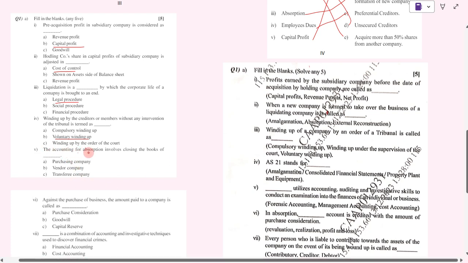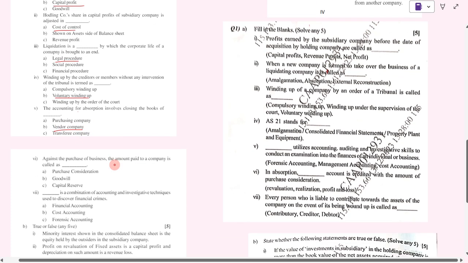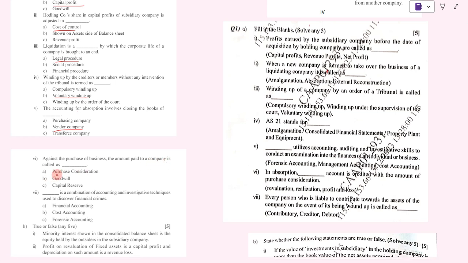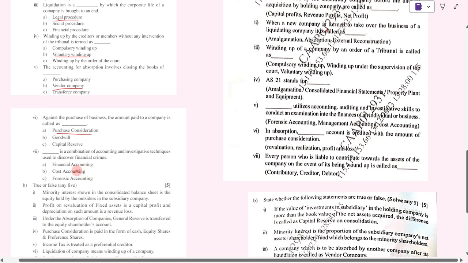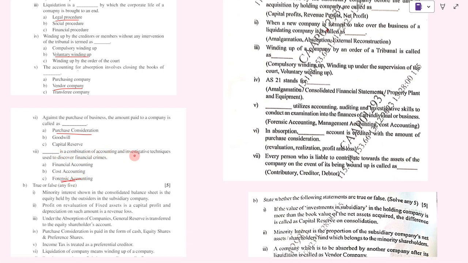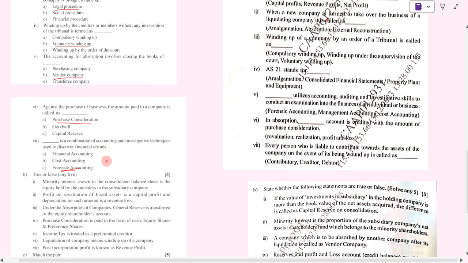The accounting for absorption involves closing of the books of vendor company. Against the purchase of business, the amount paid to a company is called purchase consideration. Forensic accounting is a combination of accounting and investigative techniques used to discover financial crimes.